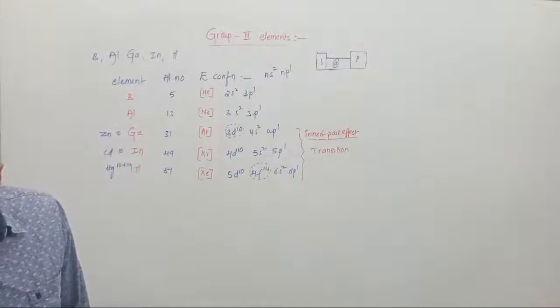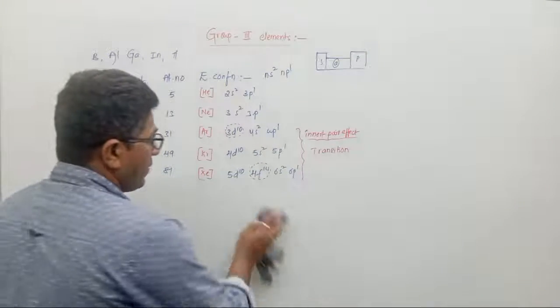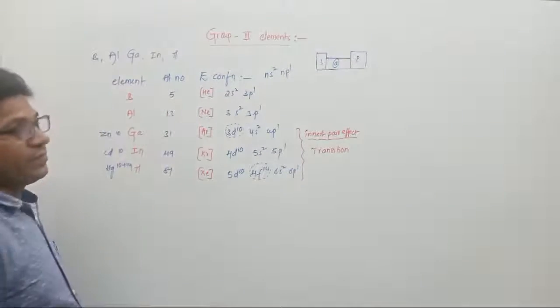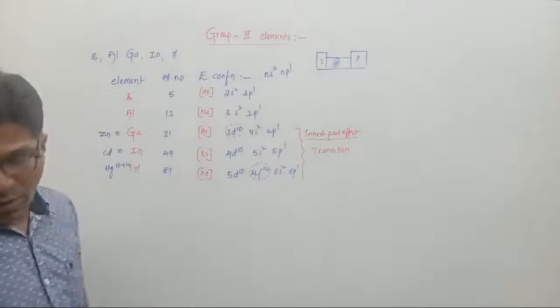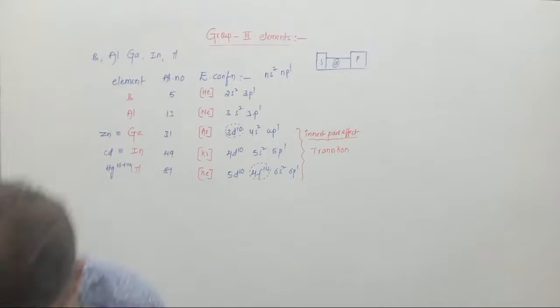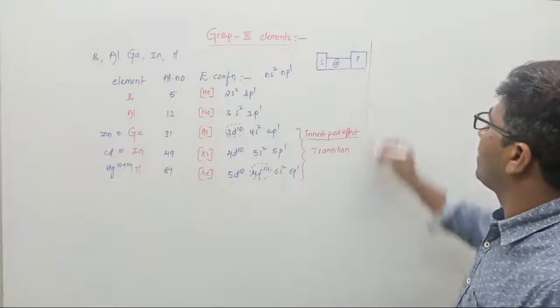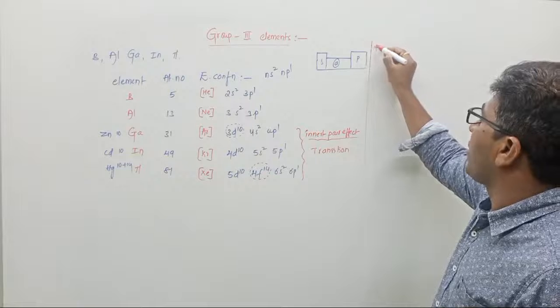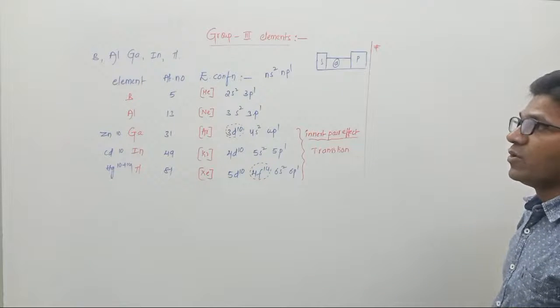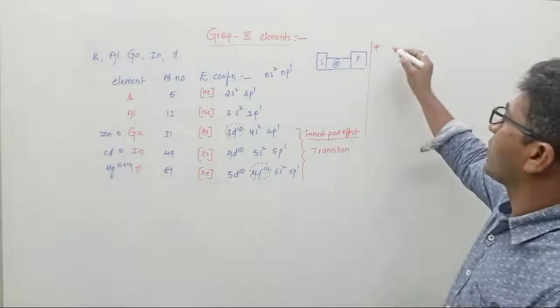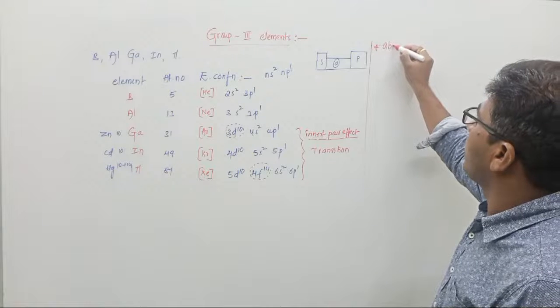Yes, next go to general properties. General properties of third group elements. Now, what is the first property? Abundance.